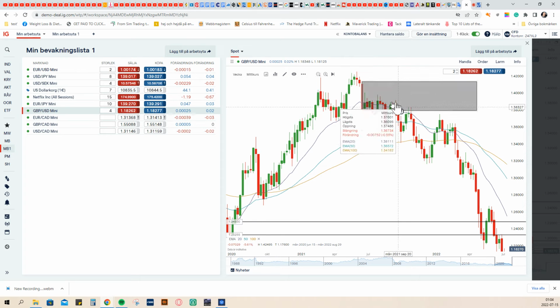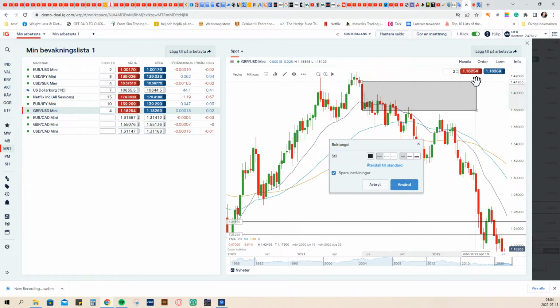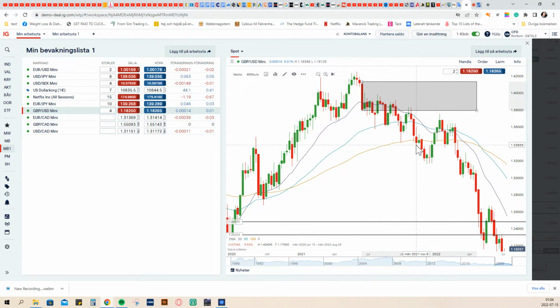The dollar will go stronger here. So you can see here, let me see, exactly, yes. I will get rid of this and show you the next inside bar.